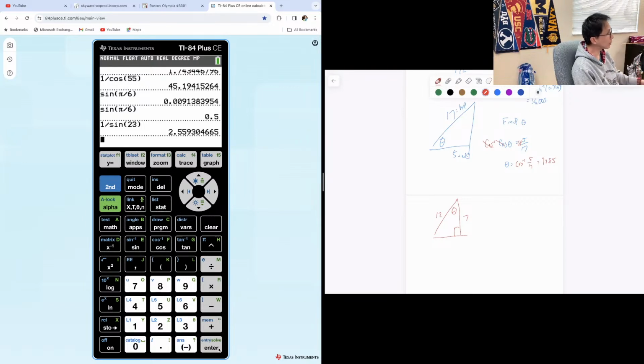Gotta recognize where the angle is because opposite, adjacent, and hypotenuse are based on where the angle is. 90 degrees is always facing the hypotenuse.